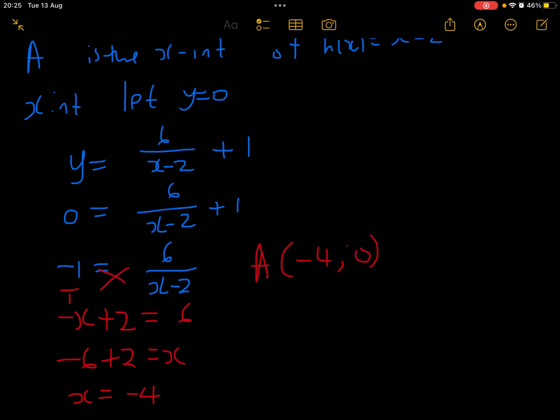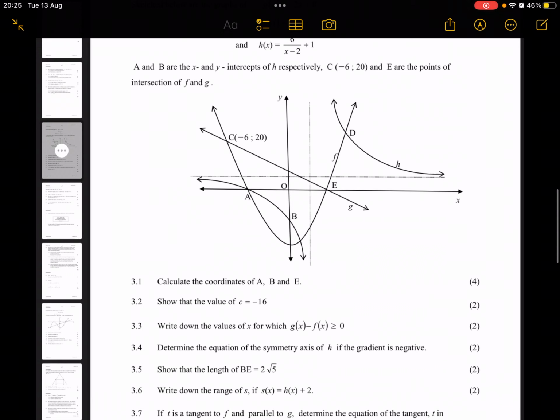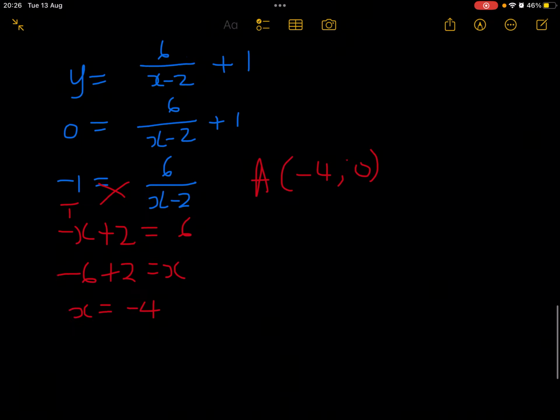If we check within this graph, it's on the left side of the x-axis, so it's definitely a negative. Then for B, we can see that it's where the graph of h of x cuts the y-axis, so that is the y-intercept.